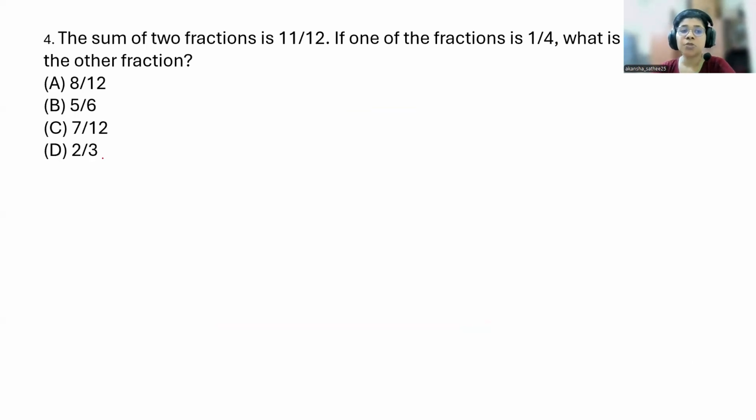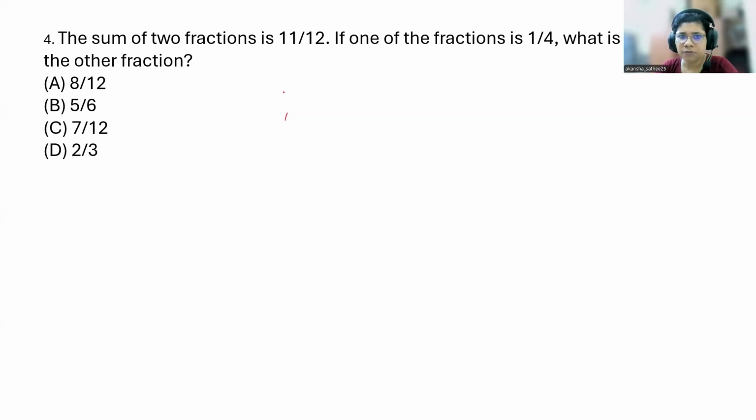Now, next problem. The sum of two fractions is 11 by 12. If one of the fractions is 1 by 4, what is the other fraction? So, the sum of two fractions is 11 by 12. Let's say one fraction is P1 by Q1, and one of the fractions is 1 by 4.